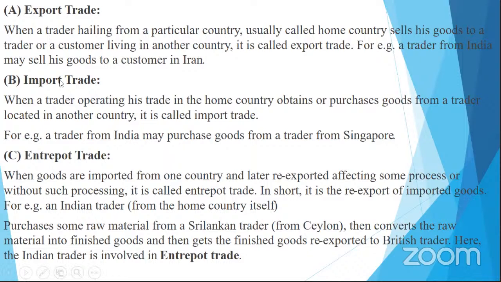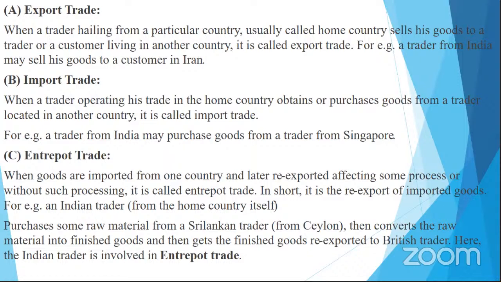But the next one is entrepot trade. That means the combination of both export and import trade, because here the person imports the goods and again modifies them, or directly exports them to other countries for more price.